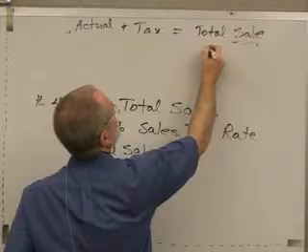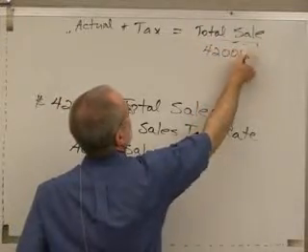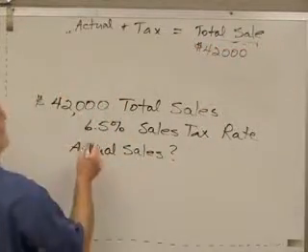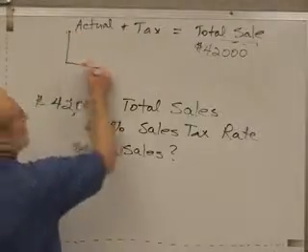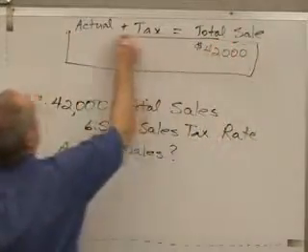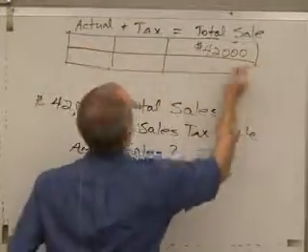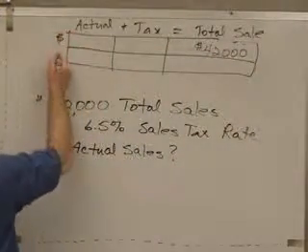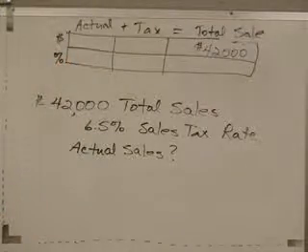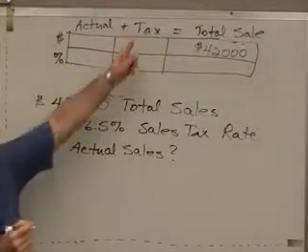Here we have 42,000 is the total sales, don't we? The tax rate is what? 6.5%. And where does that go in the grid? That goes under tax.